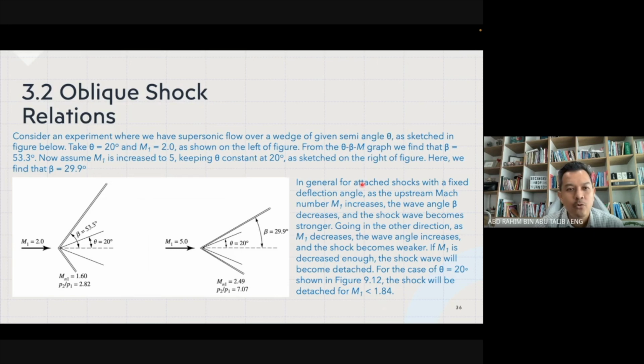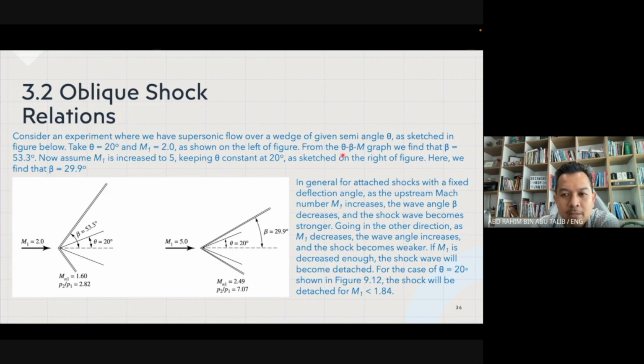Okay, so consider an experiment where we have a supersonic flow over a wedge of given semi-angle theta, as sketched in the figure below. Take theta equal to 20 degrees and Mach number equal to 2, as shown on the left figure.